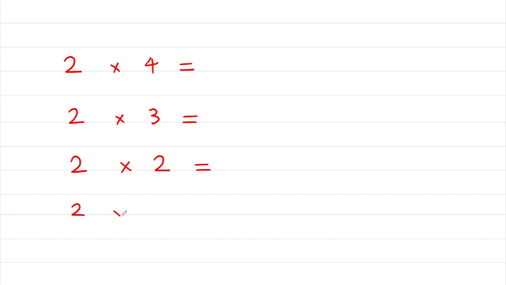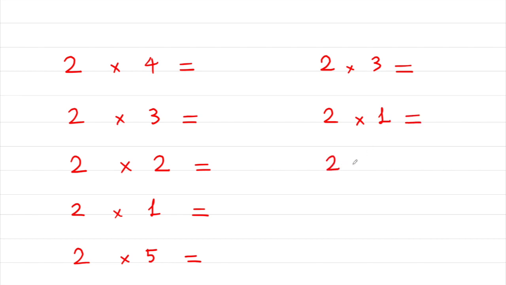What is the result for 2 times 1? And how about 2 times 5 equal to what? How about 2 times 3? 2 times 1? 2 times 4? And you have 2 times 2. So you have 2 times 5.